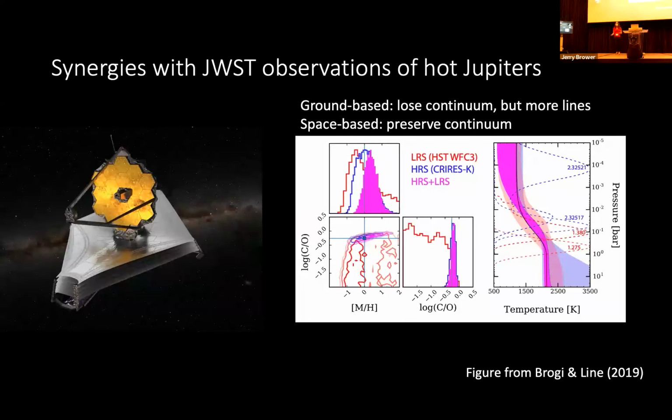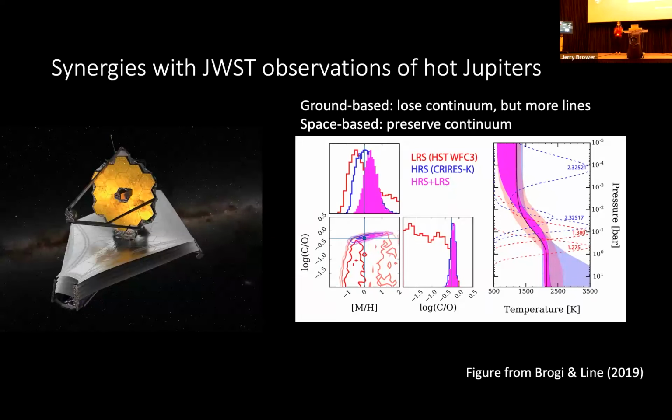So before I end, I also just wanted to point out that there's a lot of really interesting synergies that can happen between Gemini and high-resolution studies of exoplanets and JWST. So one that immediately comes out that people talk about a lot is that the way that we process the data that we get from the ground, we actually remove all of the continuum information.